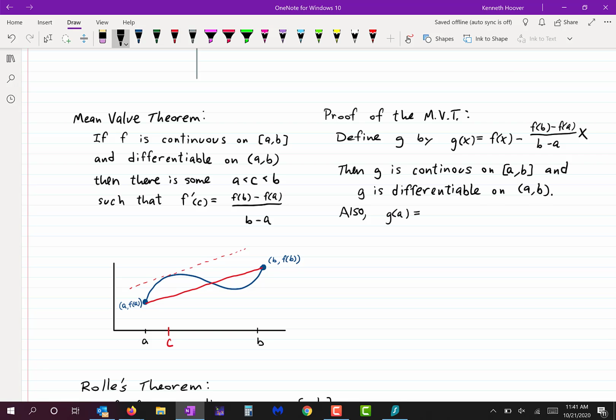What would that equal? That'll equal f of a minus f of b minus f of a over b minus a times a.